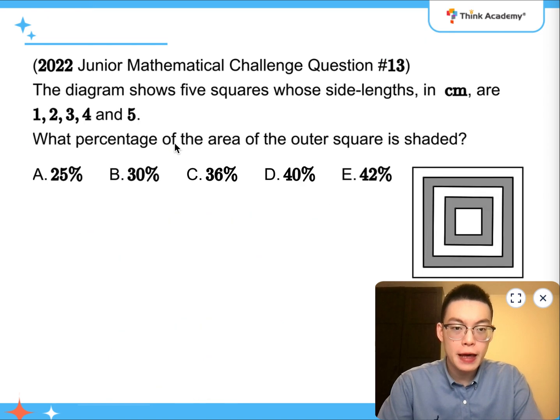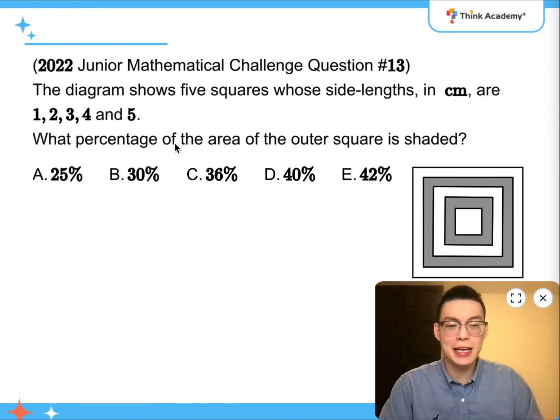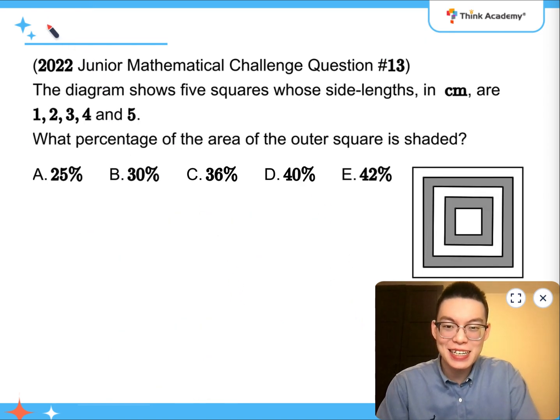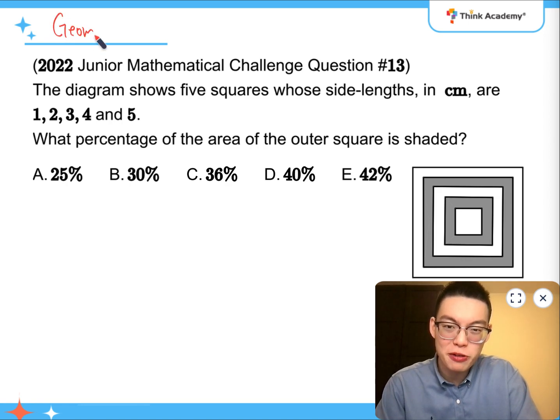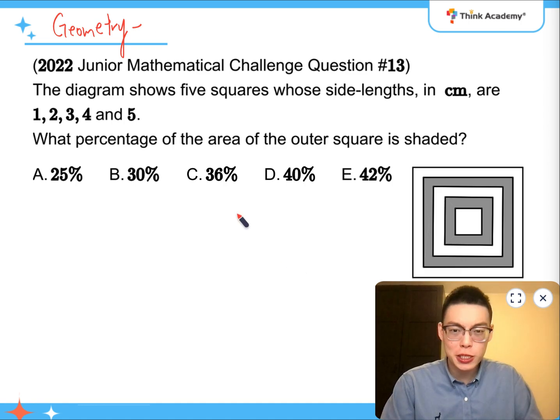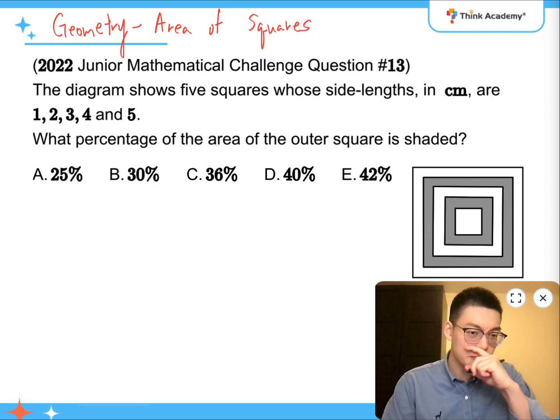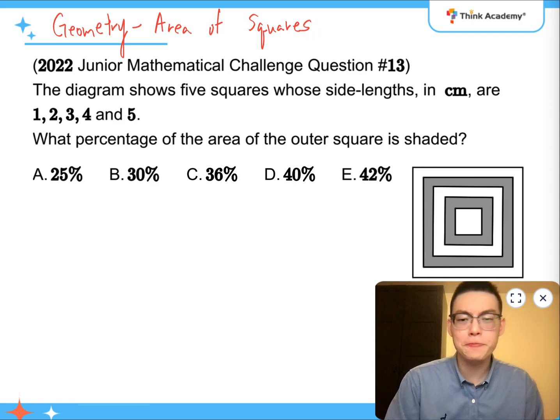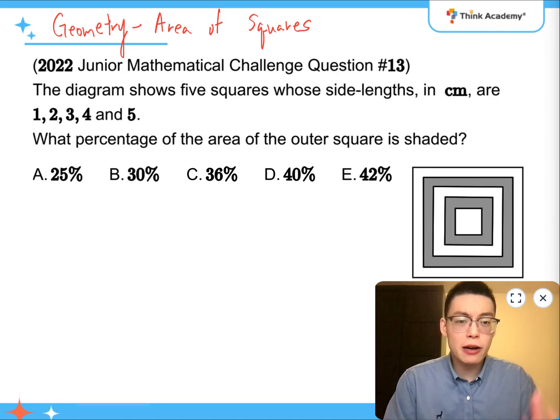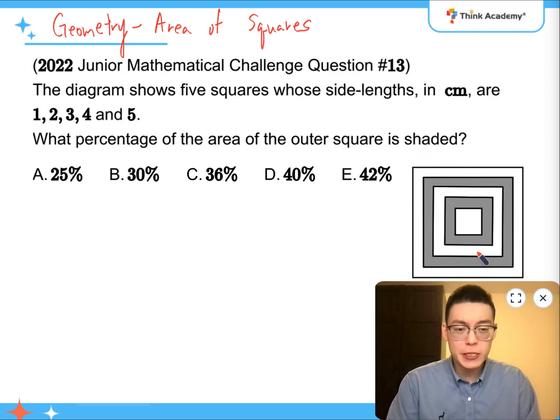Okay, and then for question number 13, this one is a geometry problem. And it's going to be about area of squares. So it shouldn't be too hard, really. It is asking you what percentage of the area of the outer square is shaded.